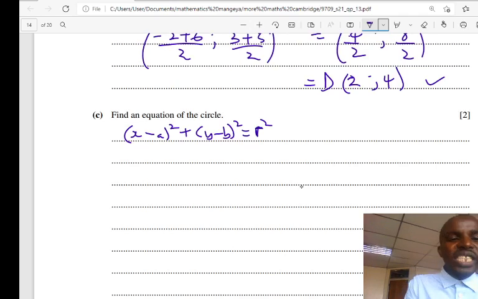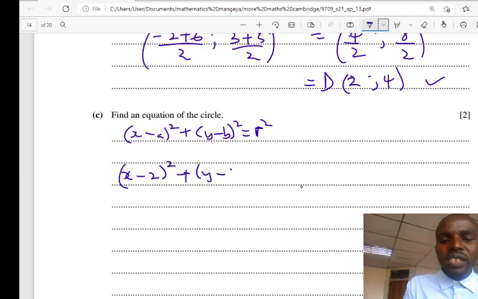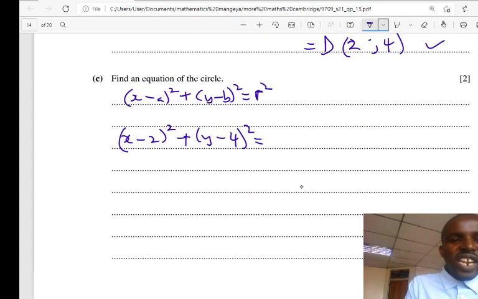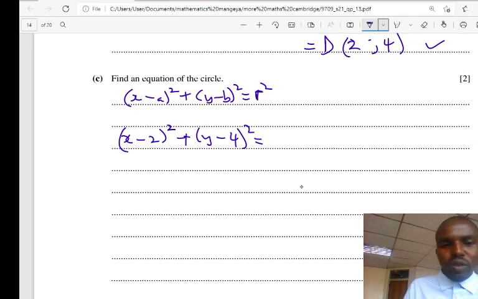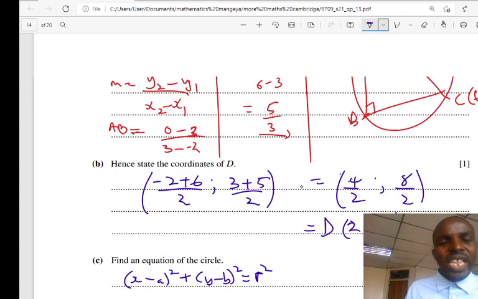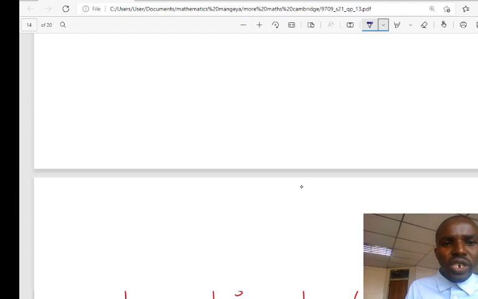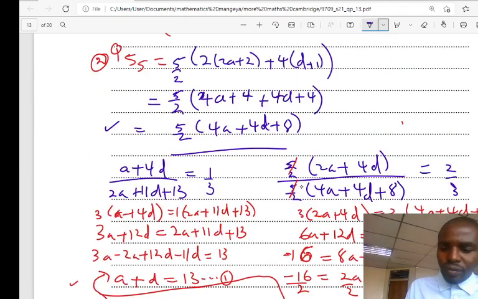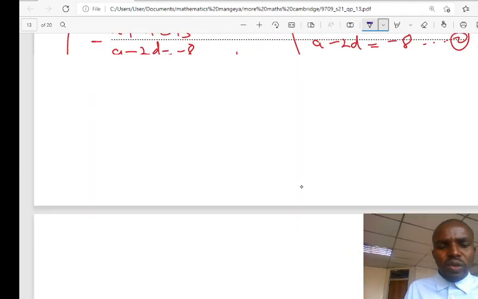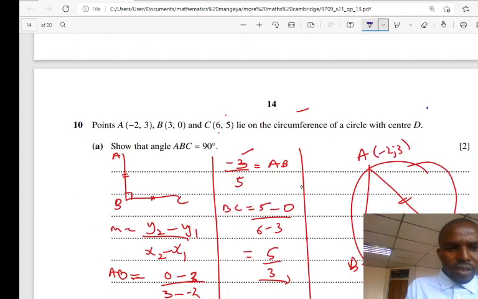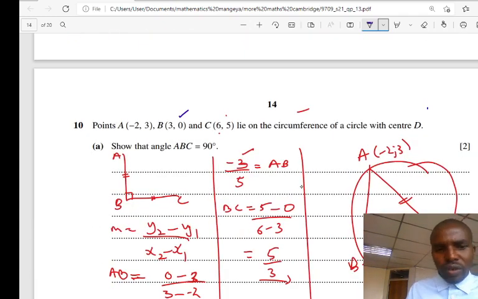So in this case, you can say x minus 2 squared plus y minus 4 squared is equal to r squared. Now there's a problem. You have to find r. You can use the coordinate D, which is 2, 4, and you can use any point, whether A or B or C, whatever point you want, it is still the same. In this case, let me use B, 3, 0.